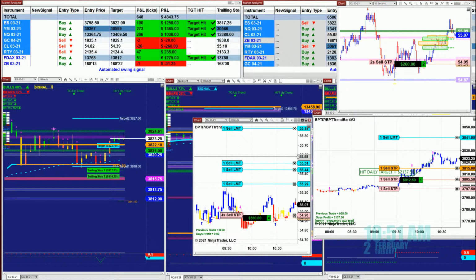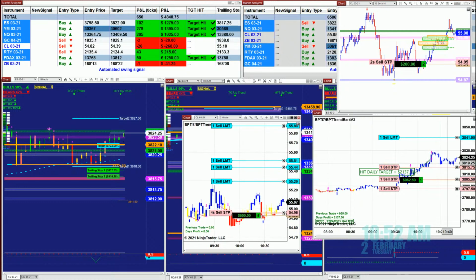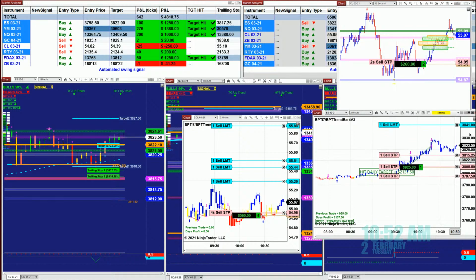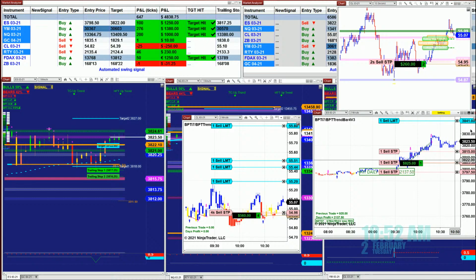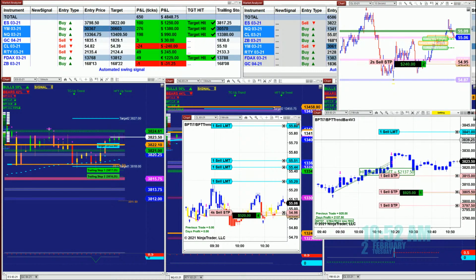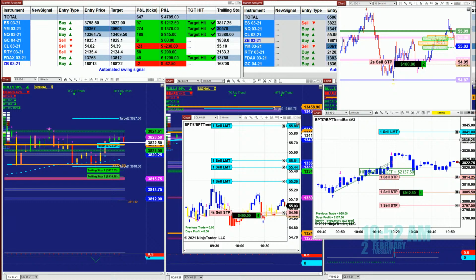And now we're still waiting on this ES to see where we are going with the ES. We don't have any re-entry yet, and we will.